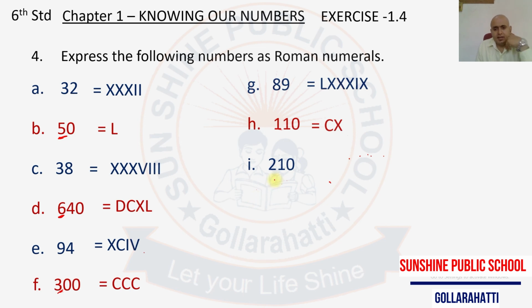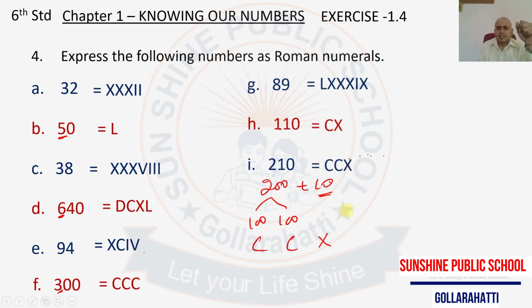For 210 you have to write 2 times 100, so this is 200 plus 10. For 200 you have to write 100 and 100, two times. 100 value is C, so C plus X. The value of 10 is X. The answer is CCX, that is 210.